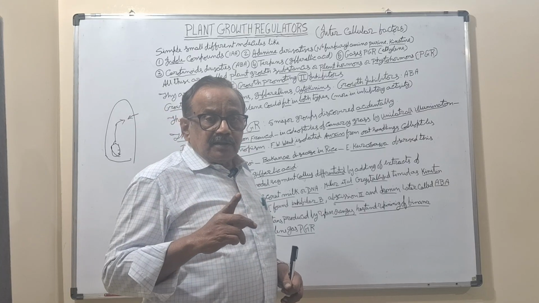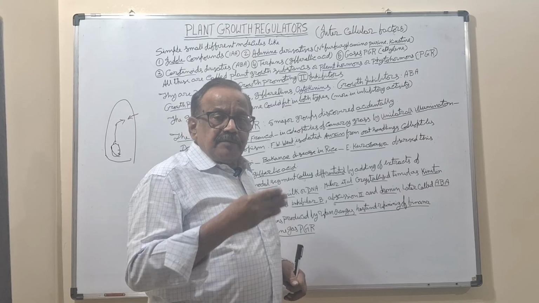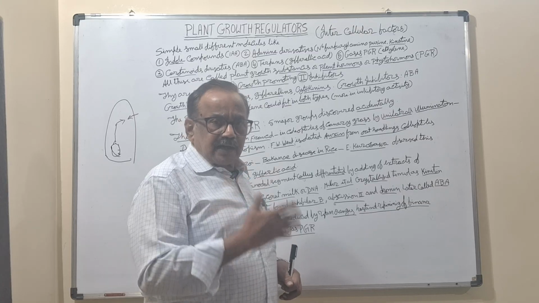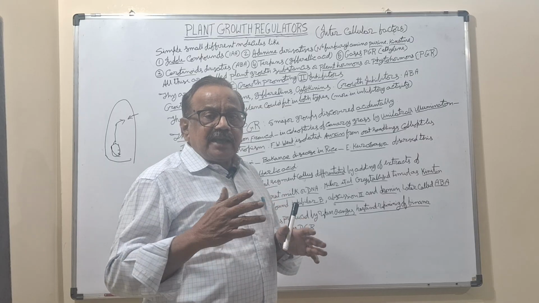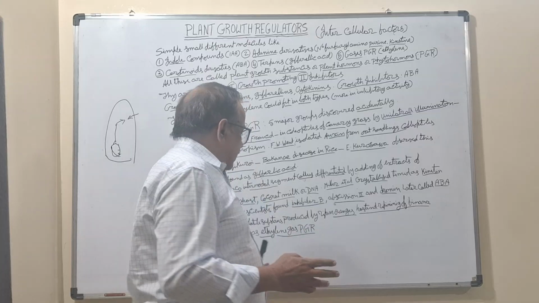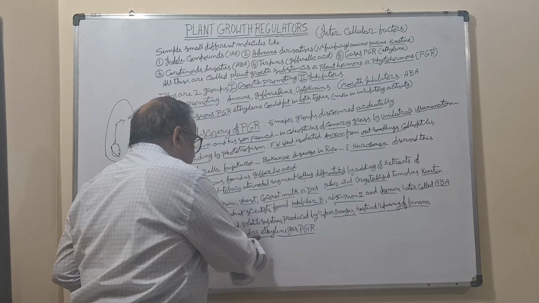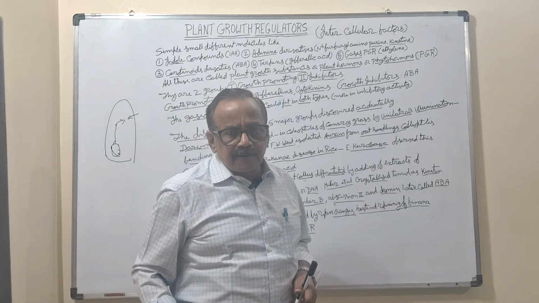He thought some volatile thing was coming out from the ripe orange fruits and became the cause for the early ripening of the bananas. Later on, they came to know that it is ethylene gas, which is a plant growth regulator.